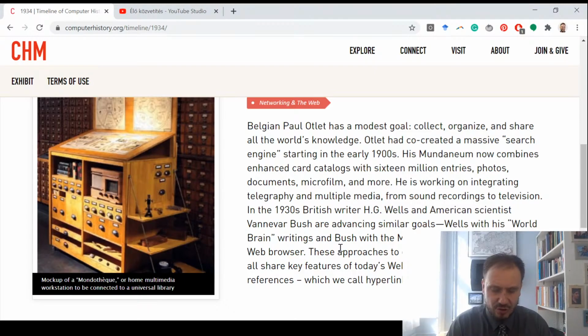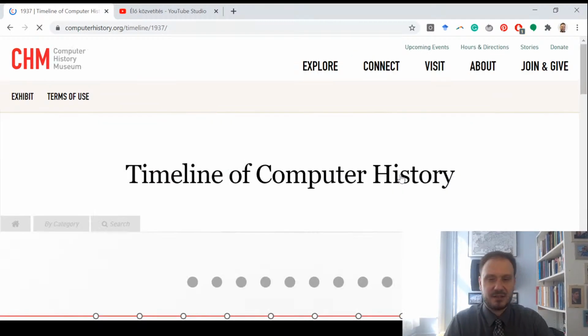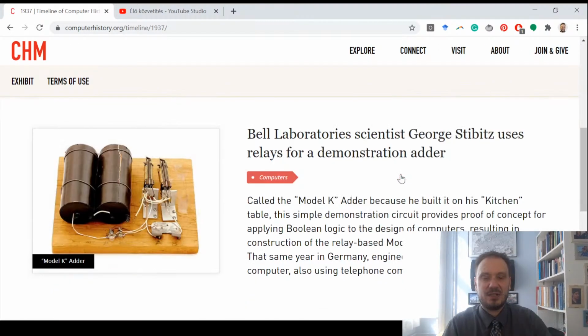You can imagine that at that time he didn't have the technology to do so, but nevertheless he was one of the pioneers of the internet. As you can see, not every year we had new inventions, but just to demonstrate how the technology developed, here we have the Model K, which was built in Bell Laboratories by George Stibitz using relays.